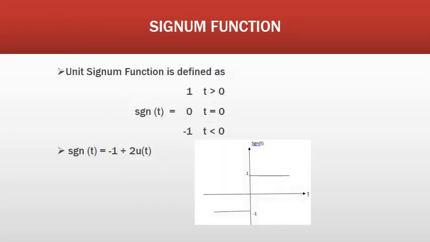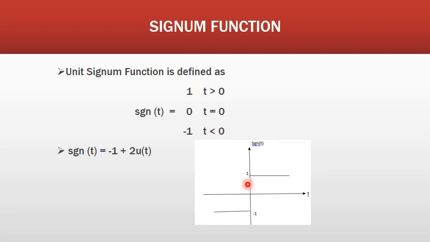Next continuous time signal is signum function. Unit signum function is defined as signum of t is equal to 1 when t is greater than 0, 0 when t is equal to 0 and minus 1 when t is less than 0. The signum function is shown in figure.